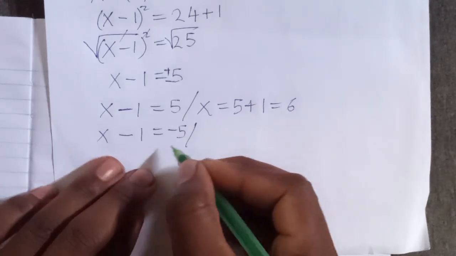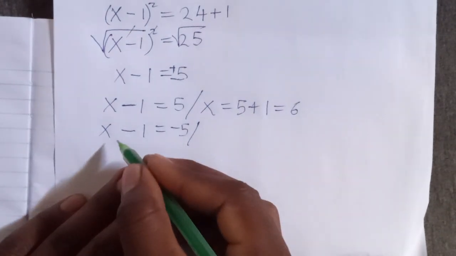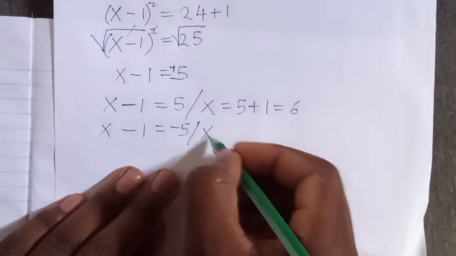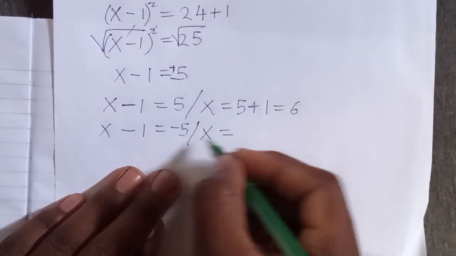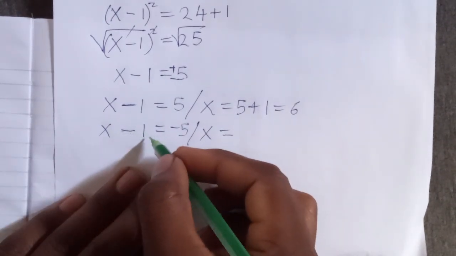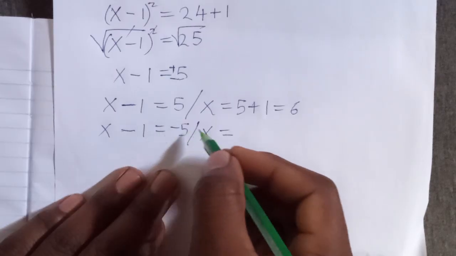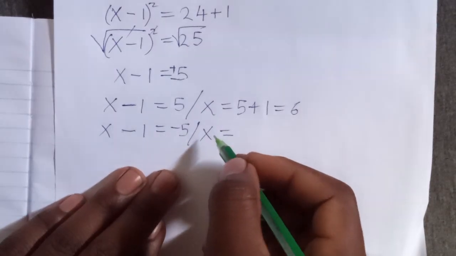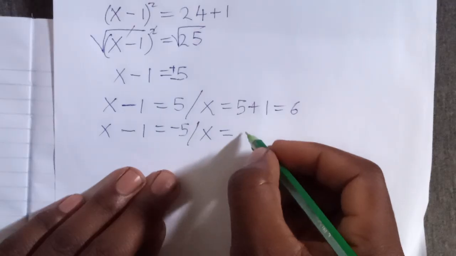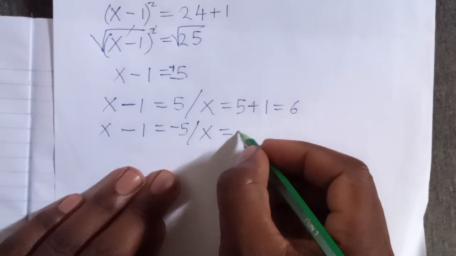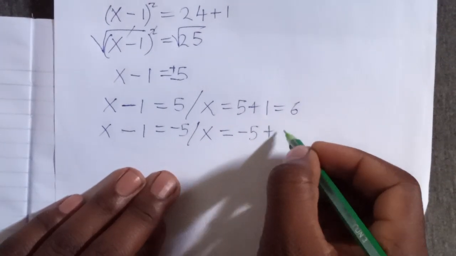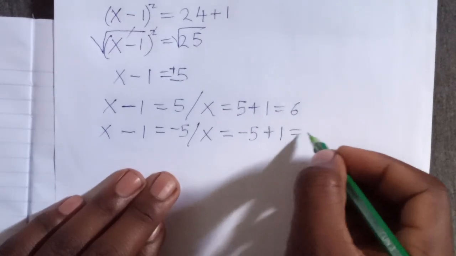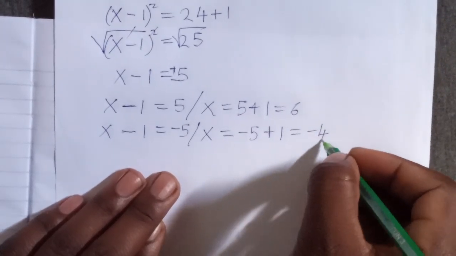Then for this one, it will be x is equal to, this is a positive, after crossing the equal sign, it will be a positive. This is negative, it will be positive. So we are going to say negative 5 plus 1, it will give us a negative 4.